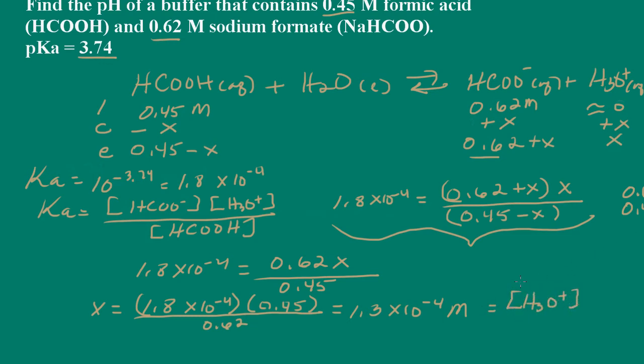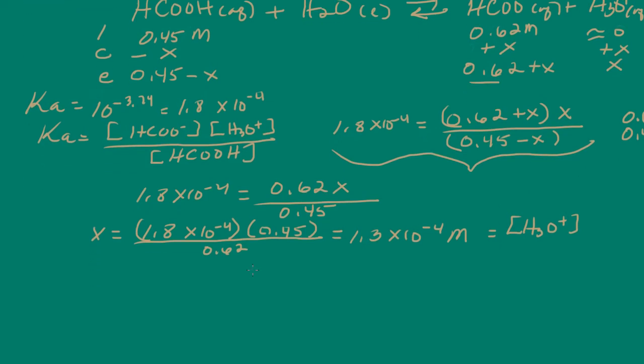I'm going to go ahead and check the assumption using the 5% rule. So I just take x, 1.3 times 10 to the negative 4, divide that by the initial concentration of the formate ion, and multiply by 100. And hopefully that's less than 5%. If not, we'll have to use the quadratic formula.